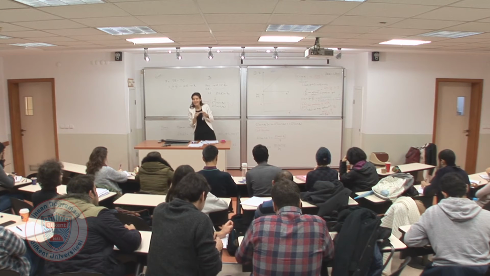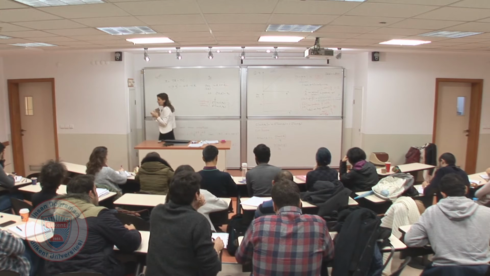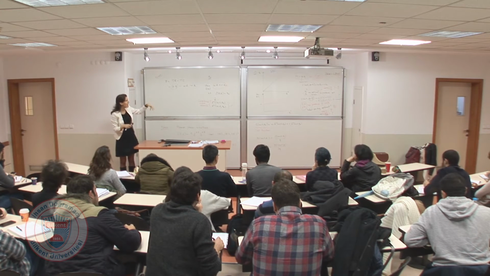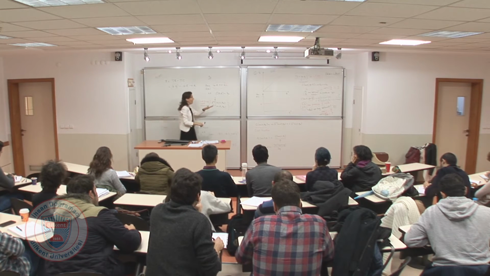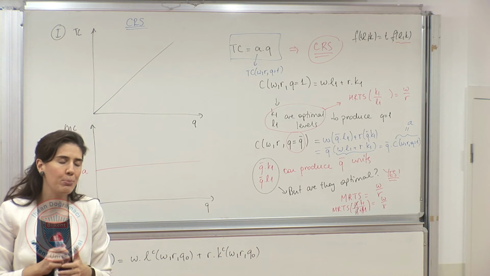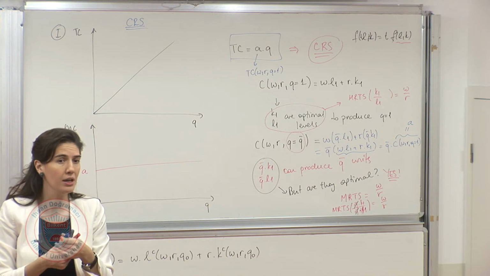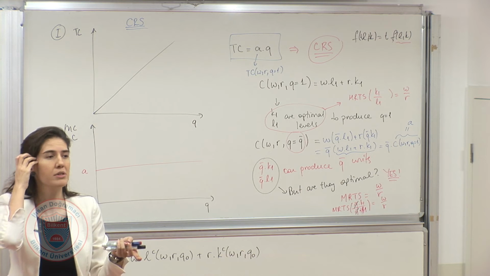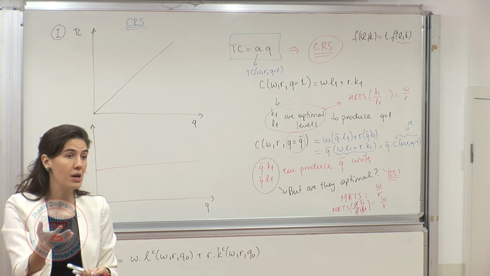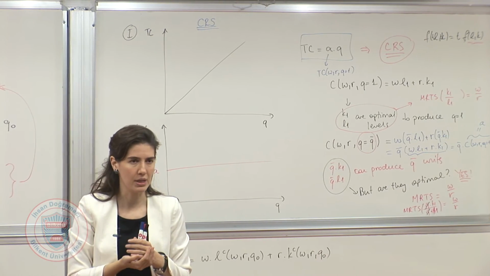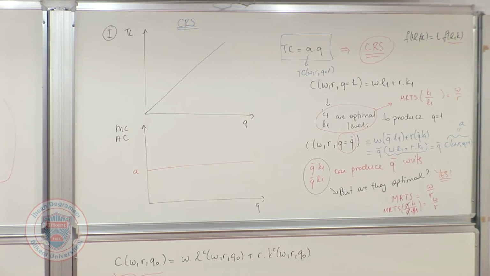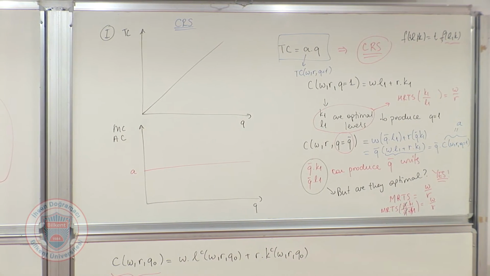But mostly, both in production functions and hence in cost functions, we would see all of them. We would have production functions exhibiting increasing returns to scale for some quantity levels, constant returns to scale for some, and decreasing returns to scale for others. Hence, the cost function would show all three.